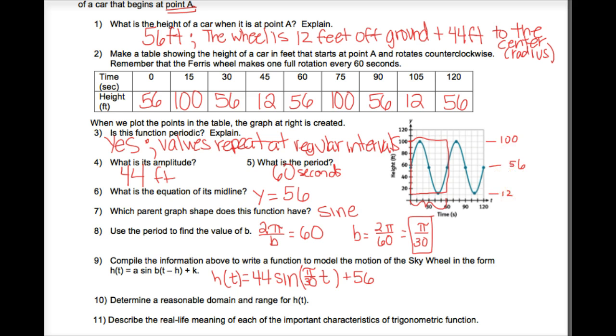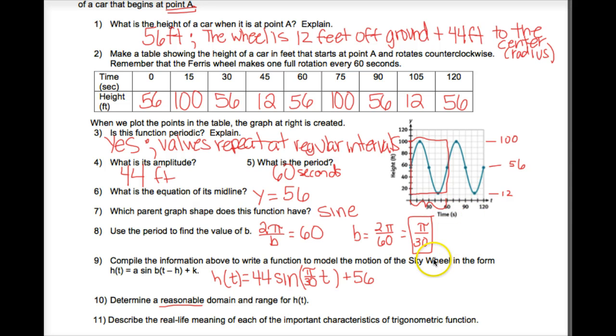All right, almost there. Determine a reasonable domain and range for h of t. So when it says reasonable, remember that that means something that makes sense for the real life situation. So we can't just say, oh, domain, it's a sine curve, so it's all real numbers. Because remember that the domain here represents seconds.